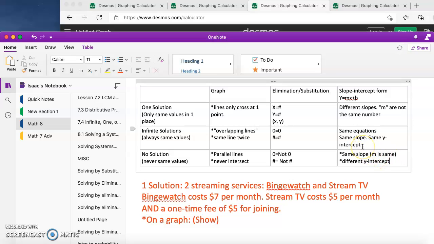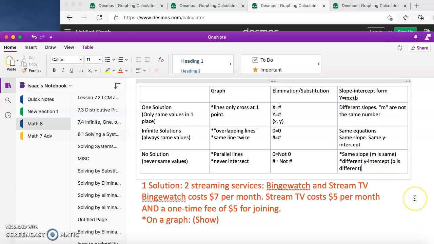You got to be careful because that's close to infinite solutions. Infinite solutions is same slope, same y-intercept. No solution, same slope, different y-intercept. B is different.